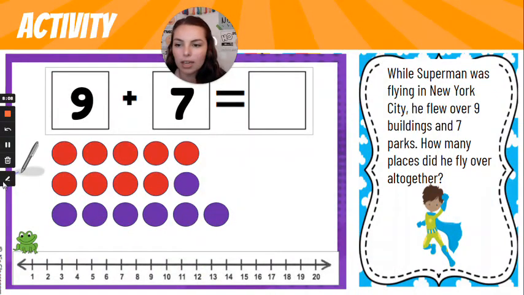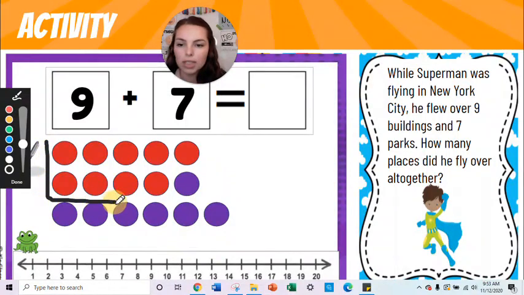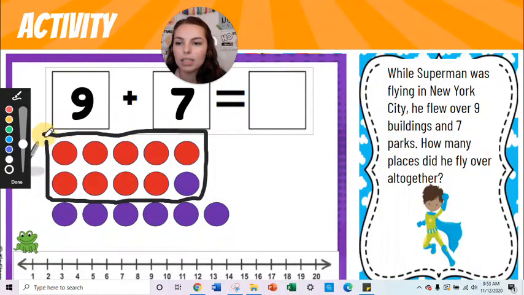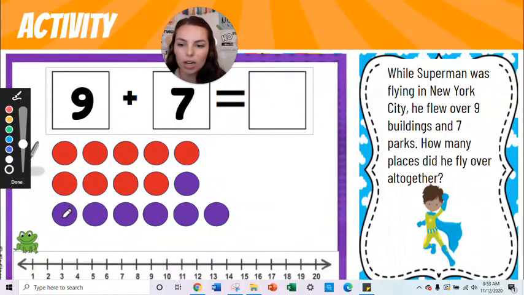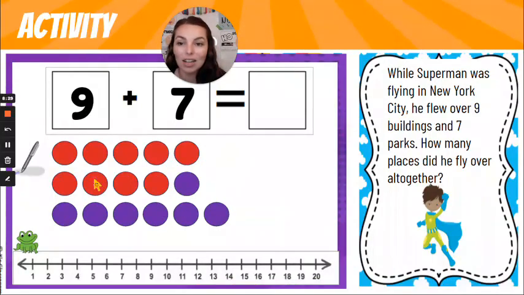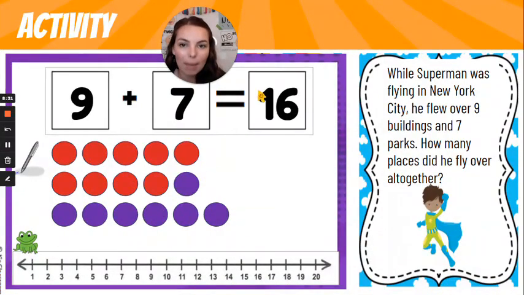But the important thing is, in first grade, you can use this strategy of making that group of 10. Here's my group of 10. So that way it makes it easier for me to count. I already know a group of 10 means I'm going to put a 1 in the tens place. And then these are my leftover, my ones. So then I have 1, 2, 3, 4, 5, 6 in the ones place to make 16.